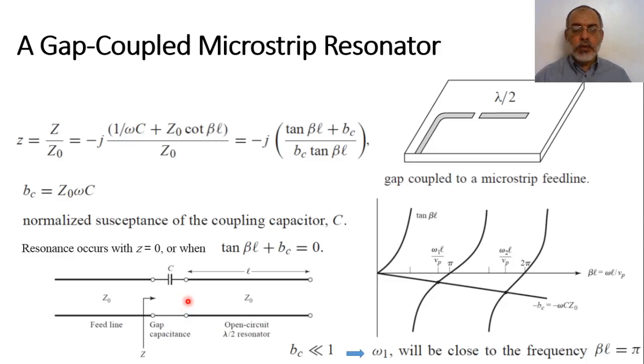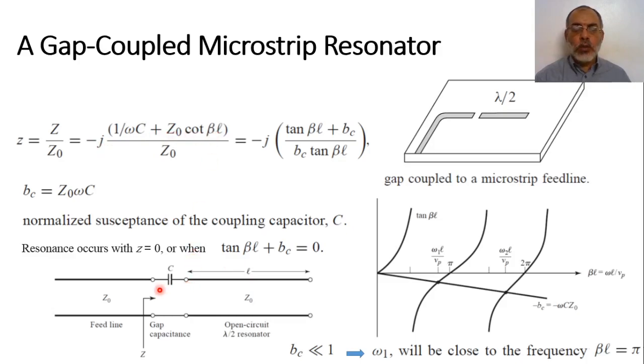As I mentioned, the input impedance of this open circuit transmission line resonator is minus jZ naught cotan beta L. So the total input impedance in this case is the input impedance of the capacitor, which is minus j over omega C, plus the input impedance of this resonator, which is minus jZ naught cotan beta L.